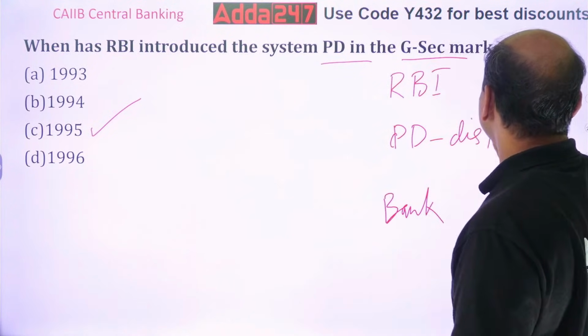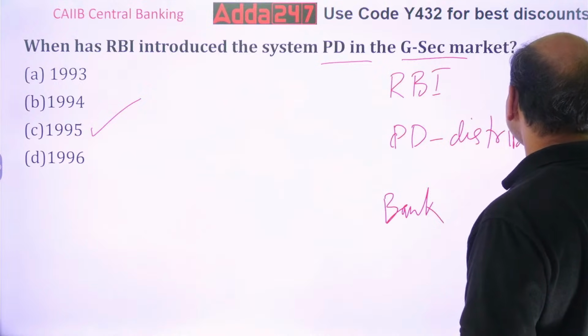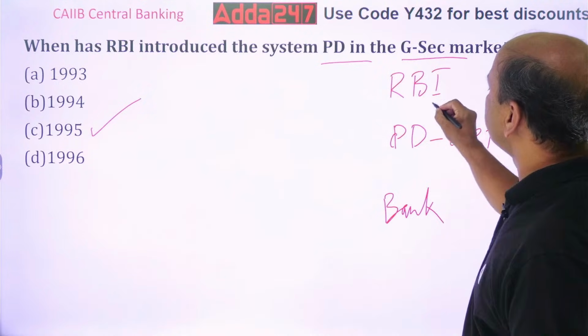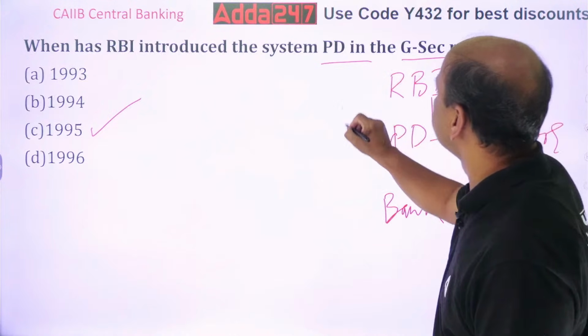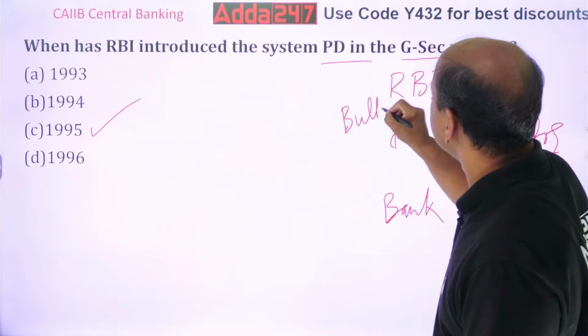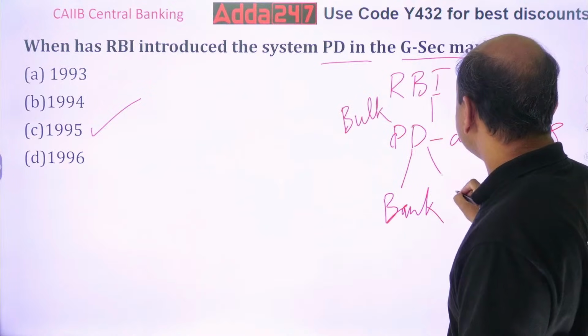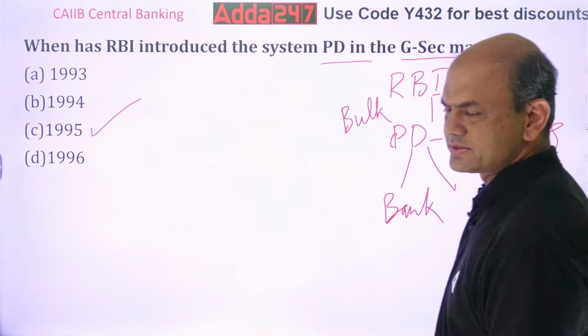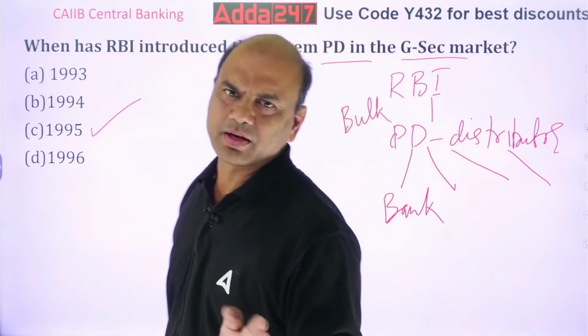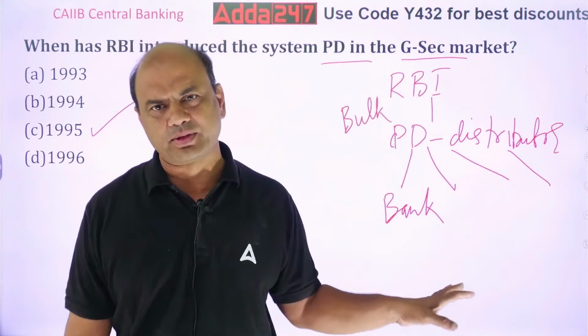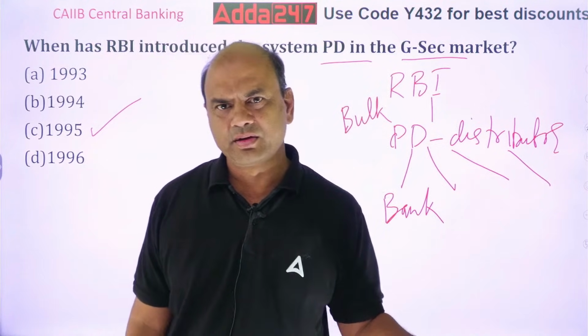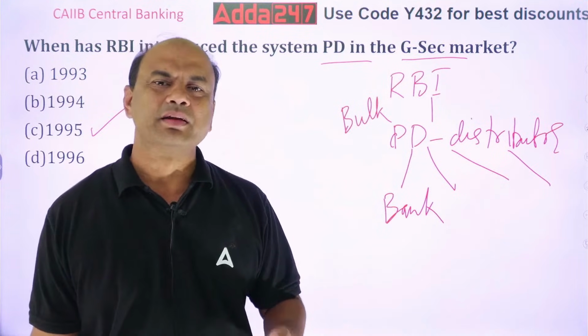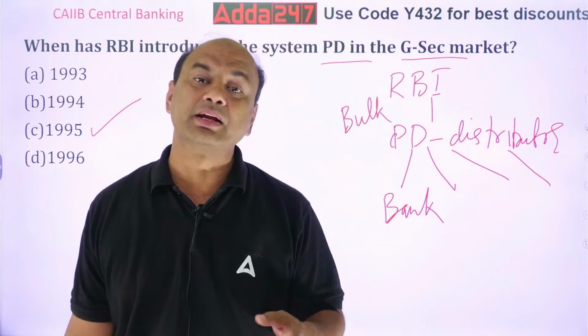So what does this PD do? Distributor. What did this PD do? He purchases in bulk, and then distributes it to bank 1, bank 2, bank 3, bank 4, like this. Everywhere in the world, the model works the same way, right? So, the logic is same. Have you seen the MRs, medical representatives?